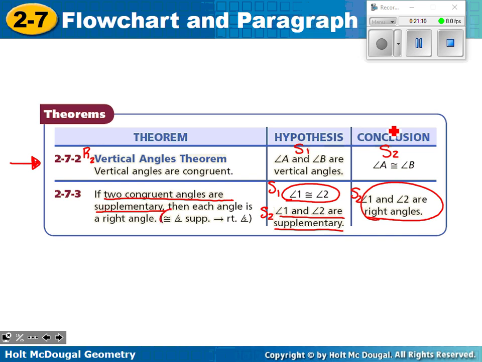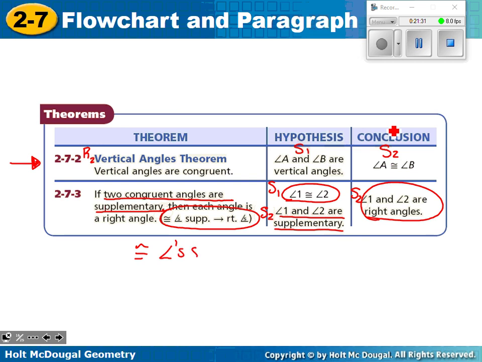You can use this shortcut notation, but you may not remember that. If you want to use it, though, on the homework, you're welcome to. It says congruent angles that are supplementary implies you have right angles. Okay? So you can use that shortcut. You would need to write out the word supplementary.